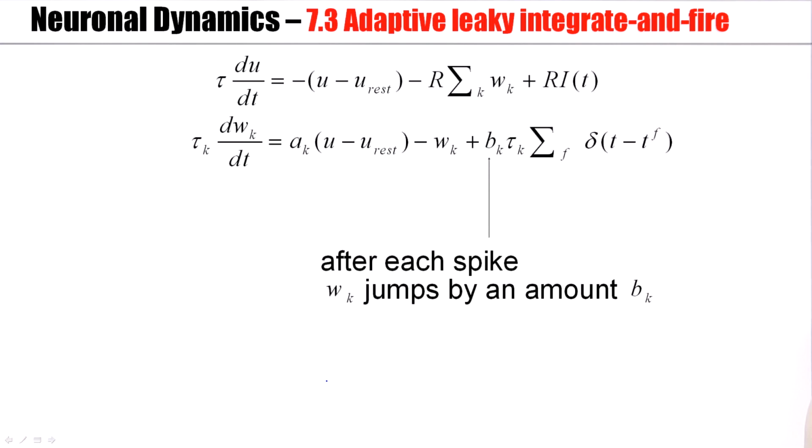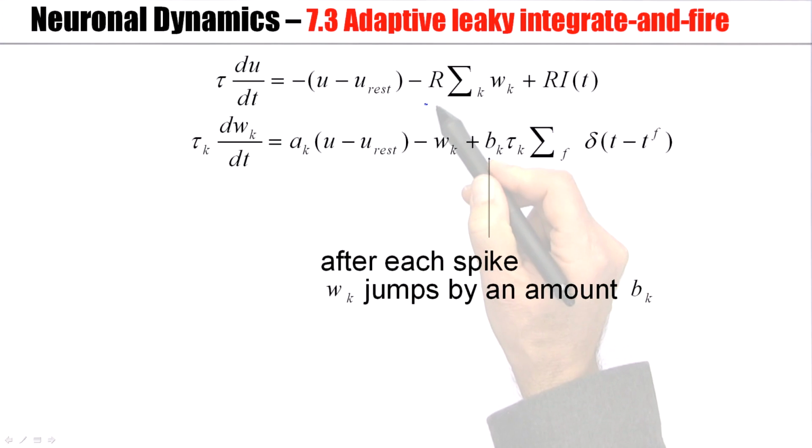Now, we said earlier this week that an exponential integrate-and-fire model is fine, but you need to add adaptation variables. And the same holds for the leaky integrate-and-fire model.